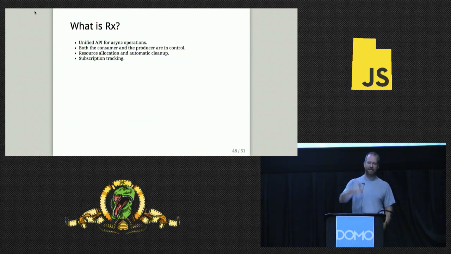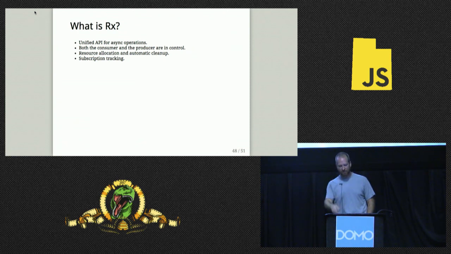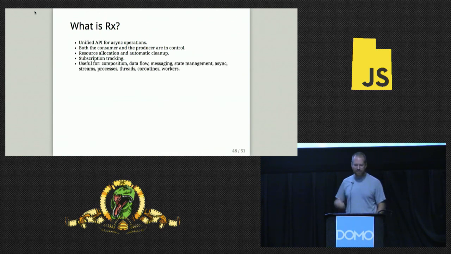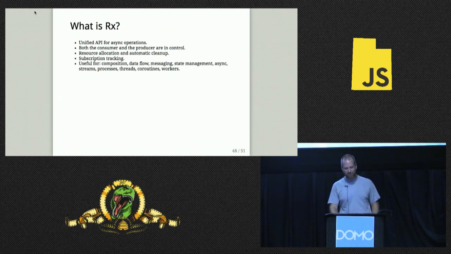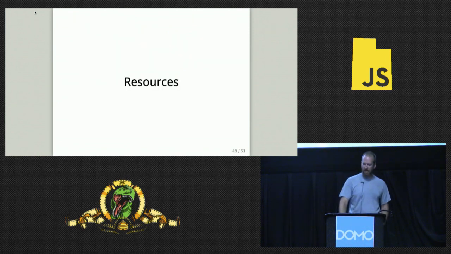It sends an e-tag, if it has one, on subsequent requests to see if there's anything newer. And we use subscription tracking to decide when to dump our cache. So it's useful for composition, data flow, messaging, state management, async streams, processes, threads, coroutines, workers. It is a very, very open-ended library.